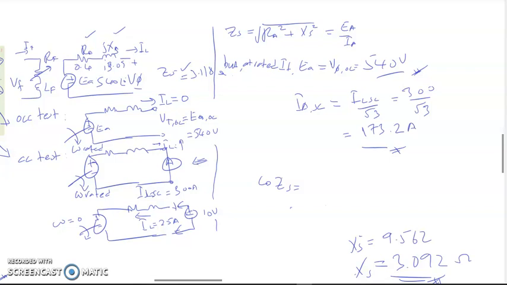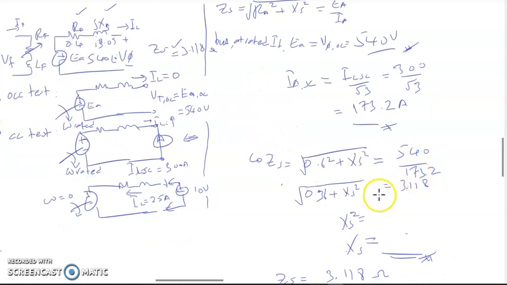So the ZS is equal to the square root of RA squared, which we calculated just now as 0.6 squared, plus XS squared, which is equal to 540 divided by 173.2 ampere.